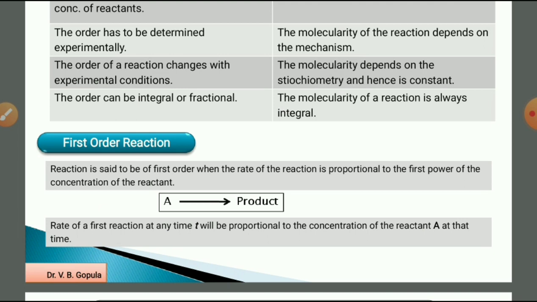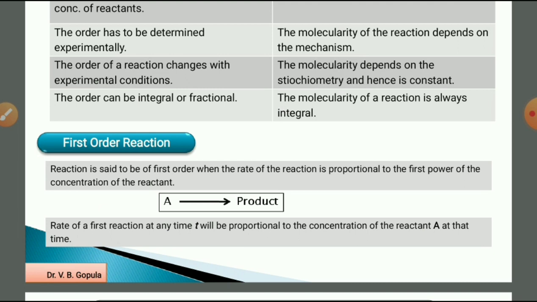So if you have a reaction in which only one molecule A takes part to give the product, and if you apply the law of mass action and the power of the concentration is 1, then such a type of reaction is called a first order reaction.